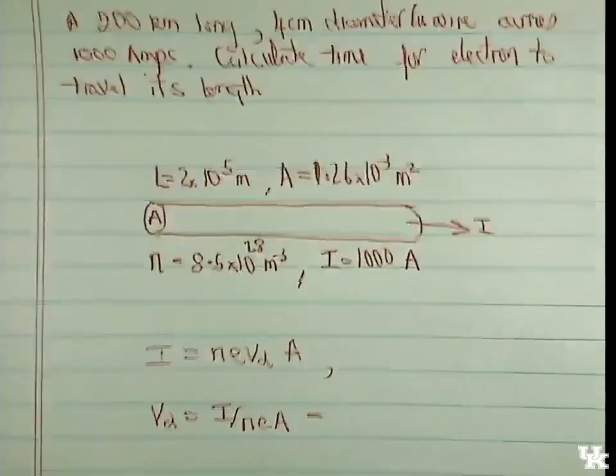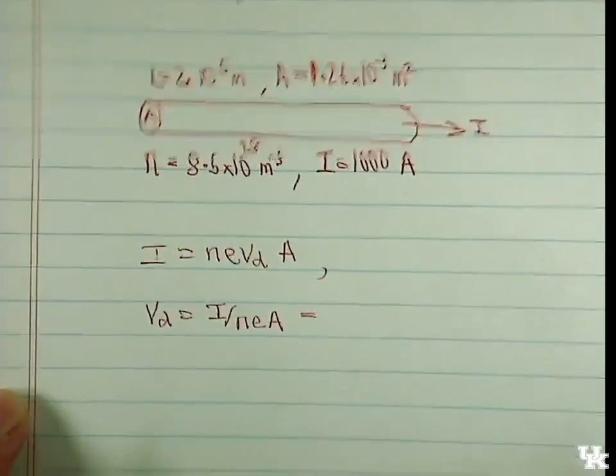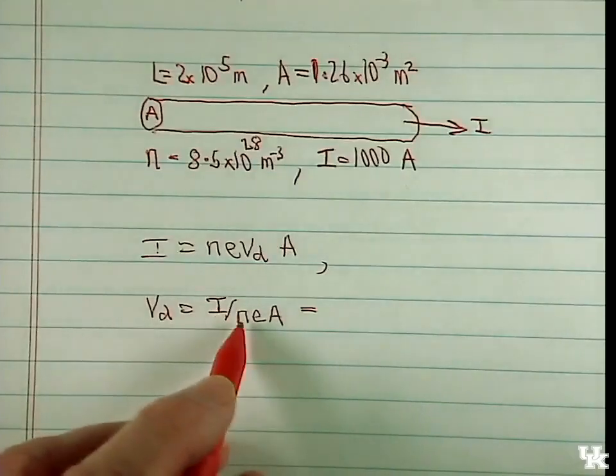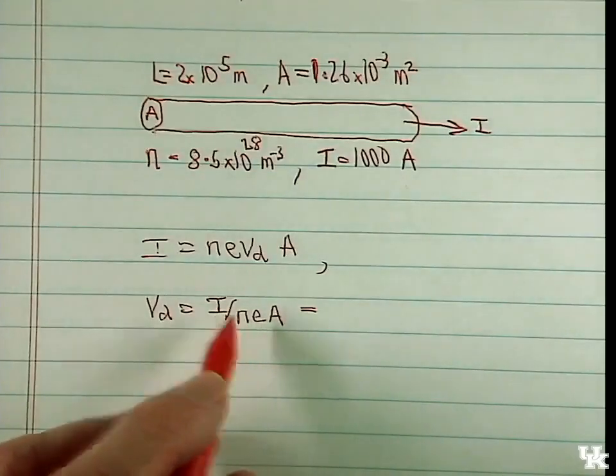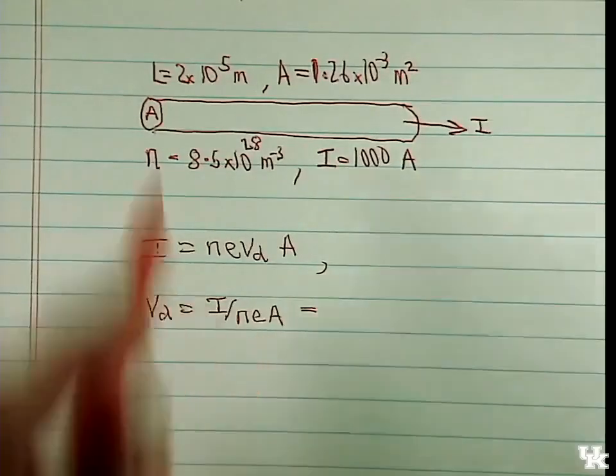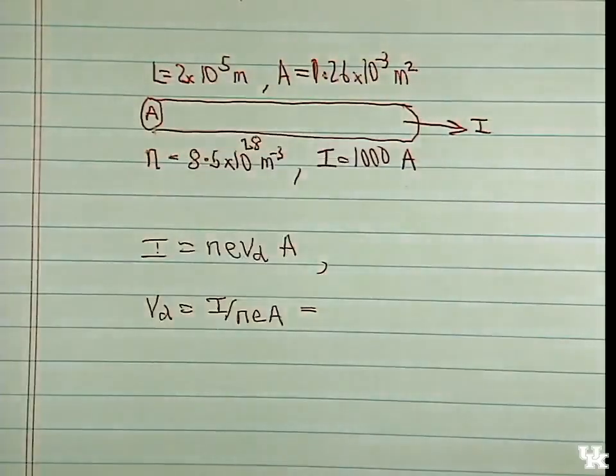And if we look at that, I know the current, 1,000 amps. I know the number of electrons per cubic meter, 8.5 times 10 to the 28. I know the electronic charge. I actually didn't write it down here, but we all know that. It's 1.6 times 10 to the minus 19 coulombs. And finally, I know the cross-sectional area of the wire. It's roughly 10 to the minus 3 square meters. So I can fill in all those numbers.